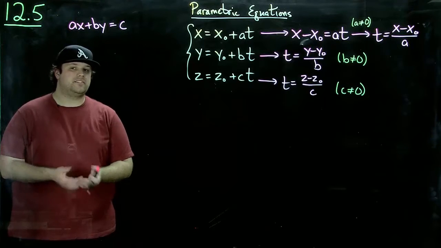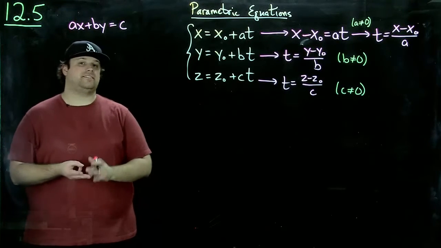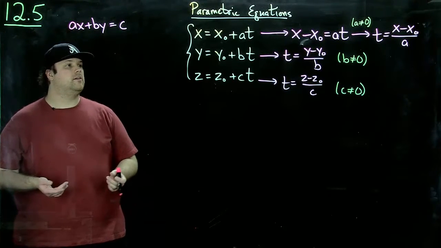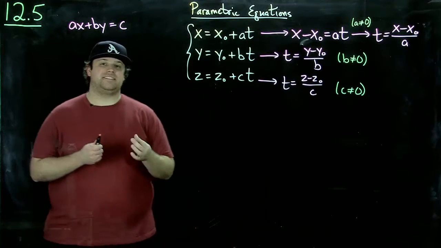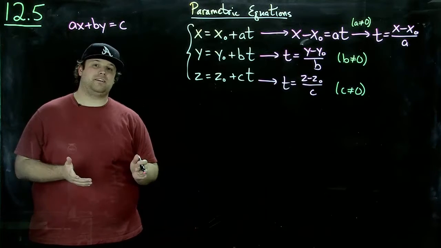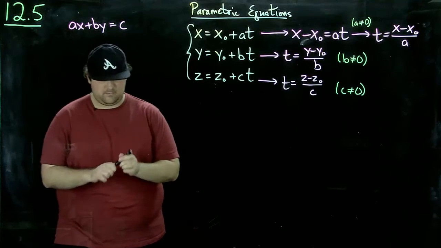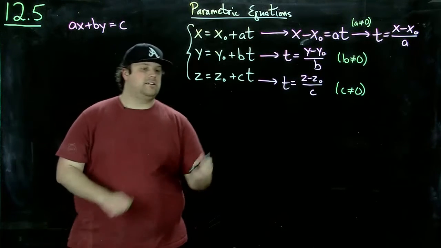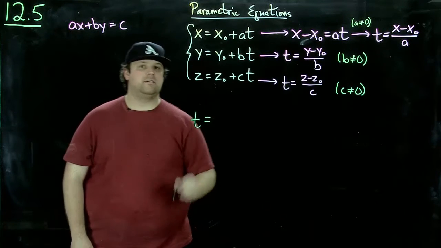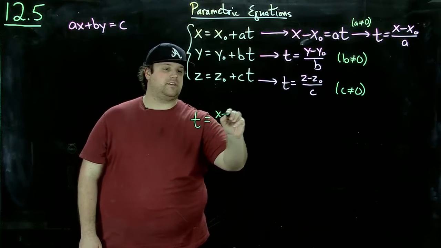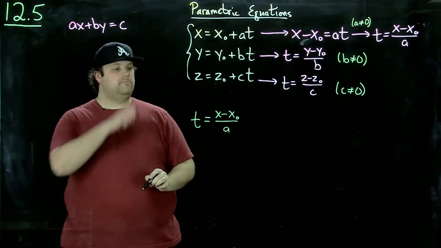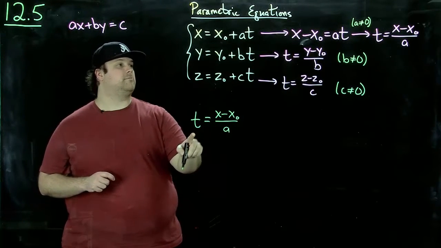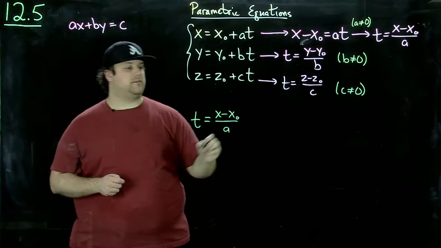So assuming now we're in the case where a, b, and c are not 0, we have these three equations here, and they're all equal to t. So what does that mean we can do? Well, t is equal to x minus x naught over a, but t is also equal to y minus y naught over b.